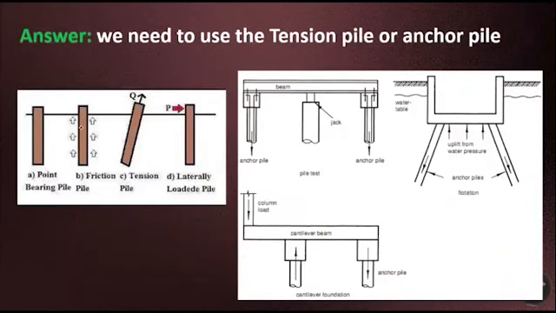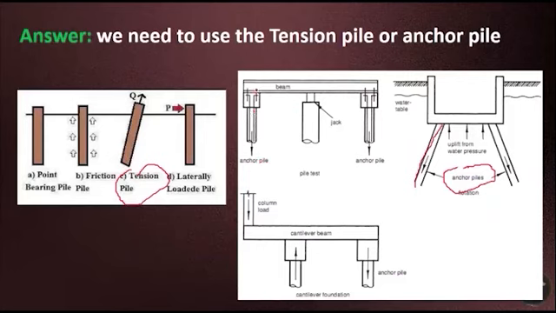In that condition, we use the tension pile, or you can say anchor pile. Anchor pile and tension pile are the same, and they are in an inclined direction. We use these around the structure so they resist the structure from uplifting. If you can see here, this is the anchor pile.